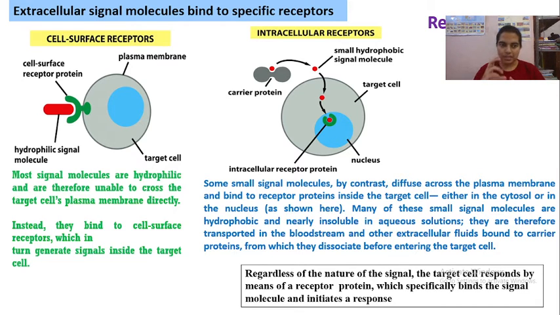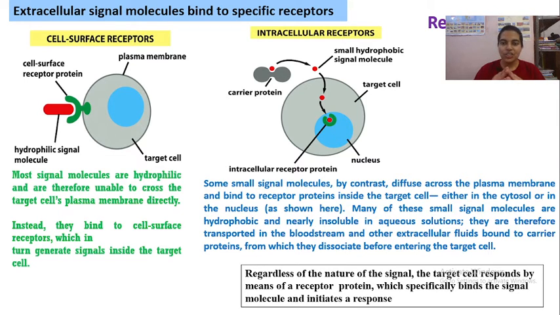In this, the receptor is present on the surface of the cell, and the signaling molecules which bind to these receptors are hydrophilic in nature. Due to their hydrophilic nature, they are unable to cross the target cell's plasma membrane directly. Instead, they bind to the cell surface receptor, which in turn generates signals inside the target cell.